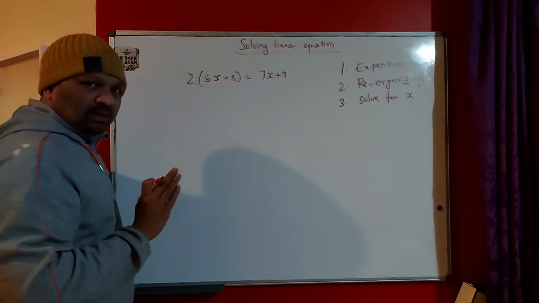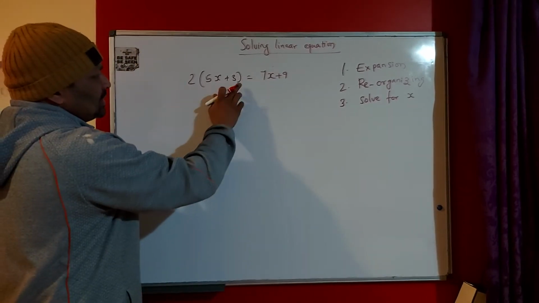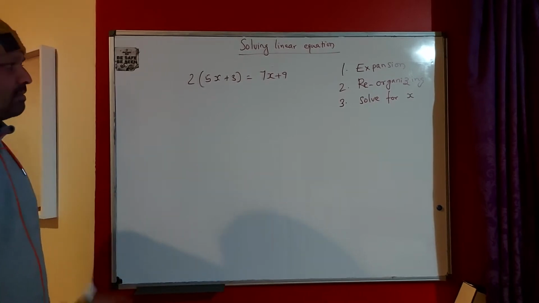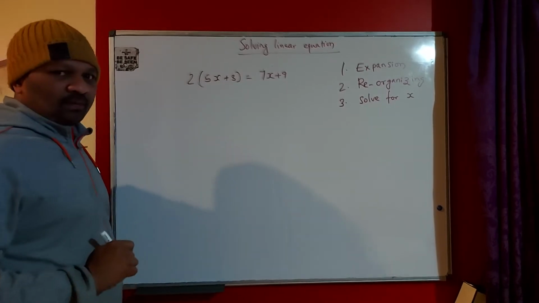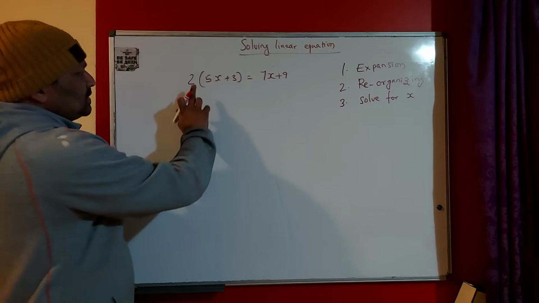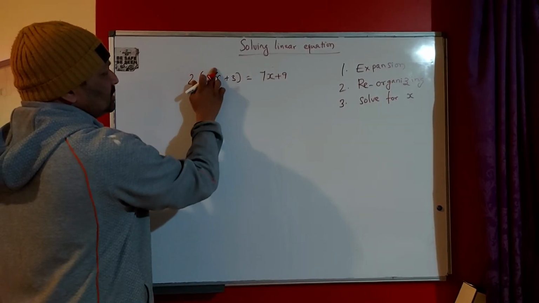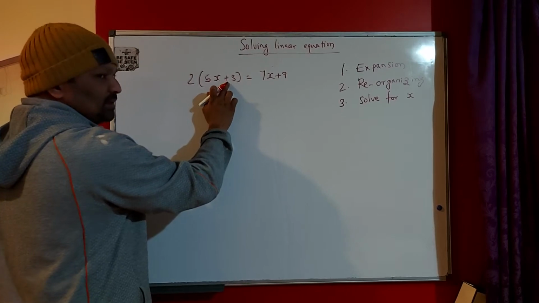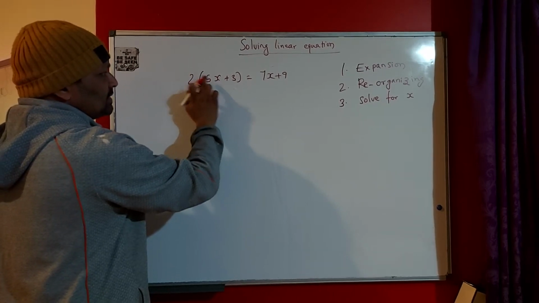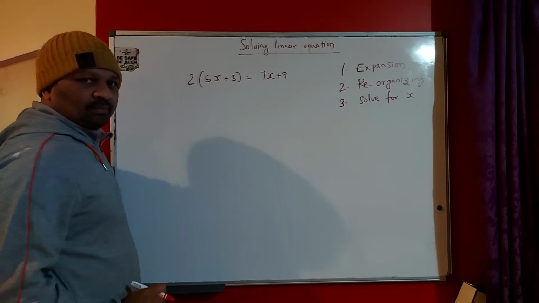Expansion is mandatory whenever you come across a bracket. Here we have a bracket. We need to expand it. How do we expand any bracket? You have to multiply this into this, plus if it is plus here, or minus if it is minus, and this into this.